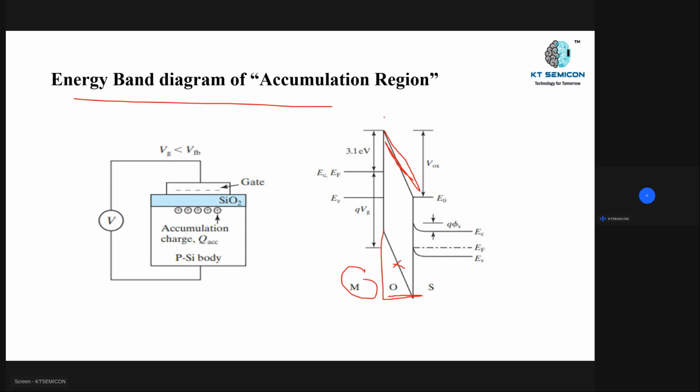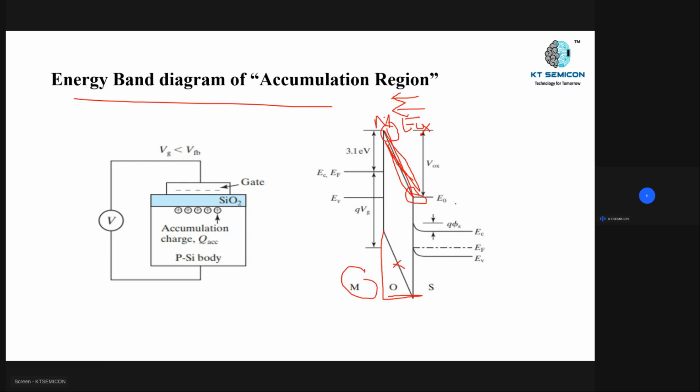So we have more electric field at the gate as compared to the substrate, right? The slope indicates the electric field. We have a lower value at the semiconductor substrate and more electric field at the metal.